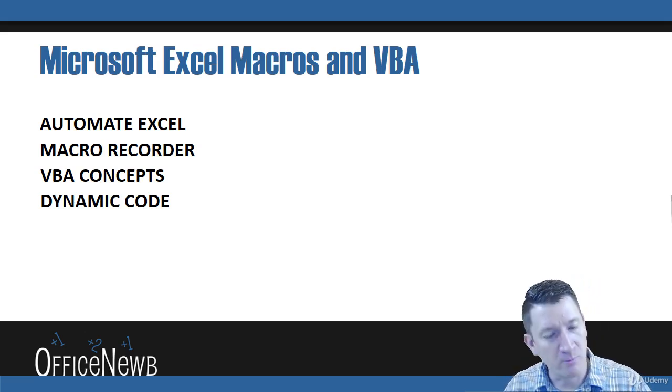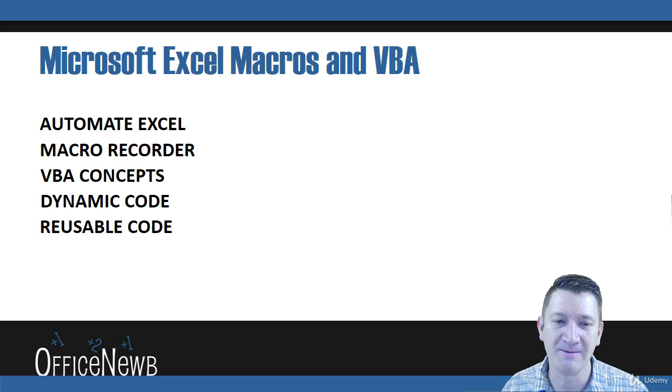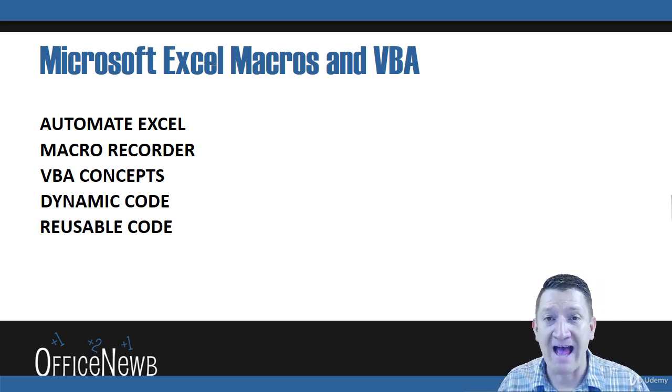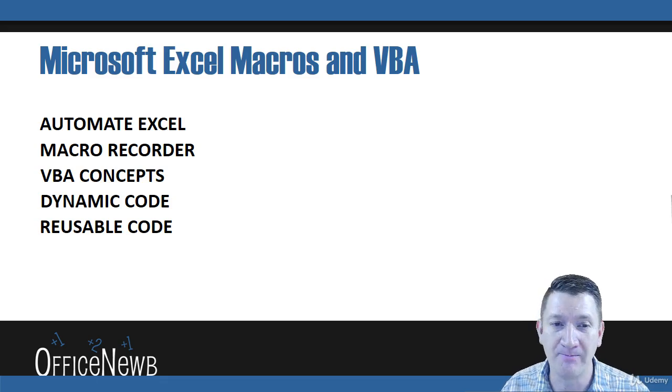Write it once, reuse it. You don't want to have to reinvent the wheel every time you want to complete a task. So we'll talk about reusable code. Just that. Don't reinvent the wheel. Create it once. Make it dynamic enough that you can reuse it in multiple situations, multiple scenarios. So we'll talk about key concepts to help you do that as well.